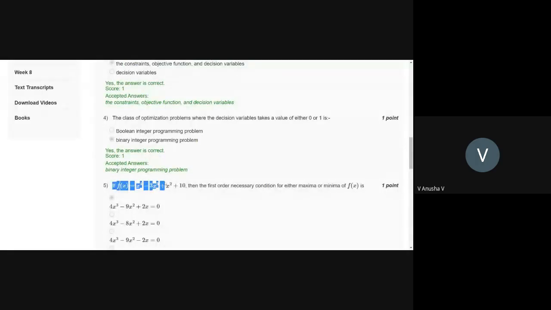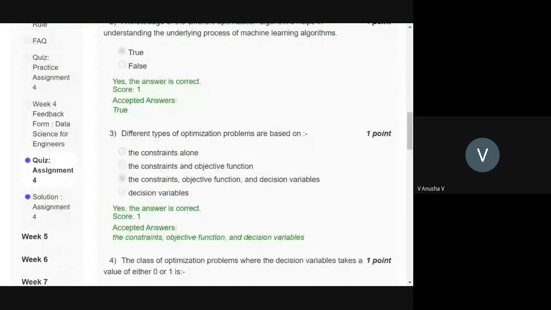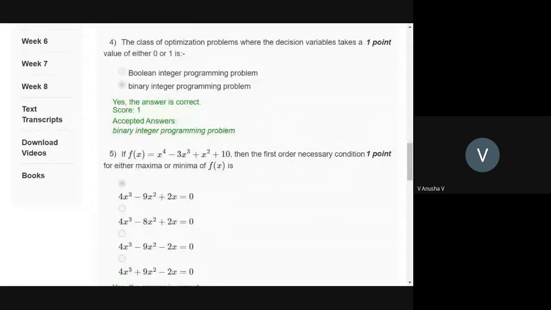This is the question, fifth question. Please answer me the fifth question. What will be the option? The first order necessary condition for either maximum or minimum of f of x is. So give me the answer, guys.